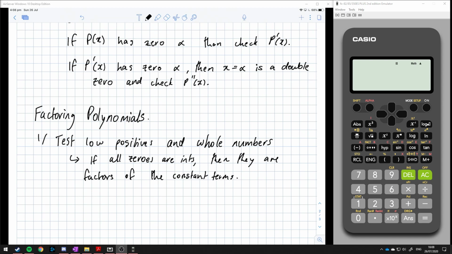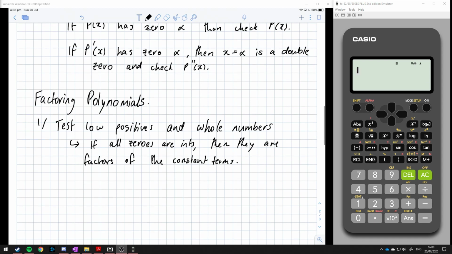Now, test each 0 successfully. So next one is test each 0 for multiplicity using derivatives.